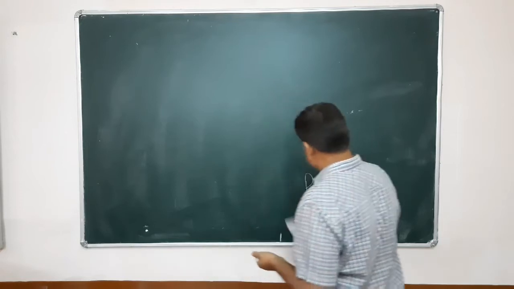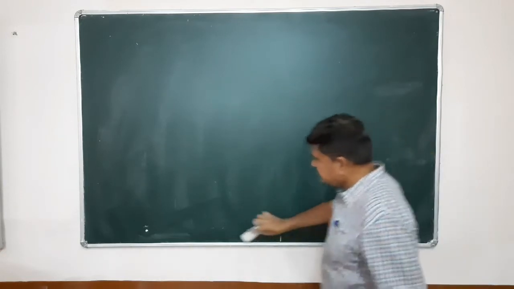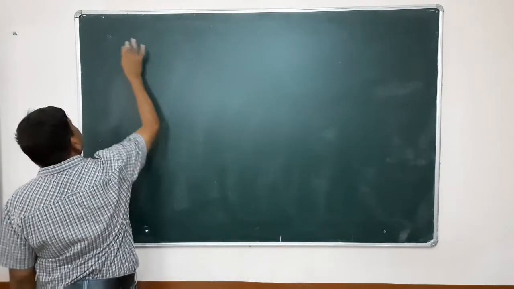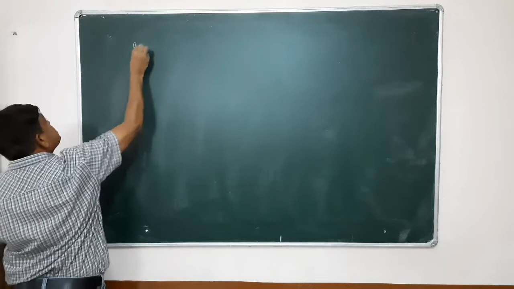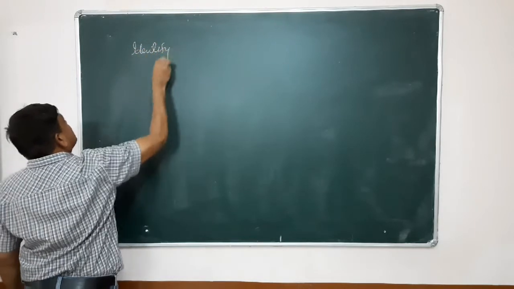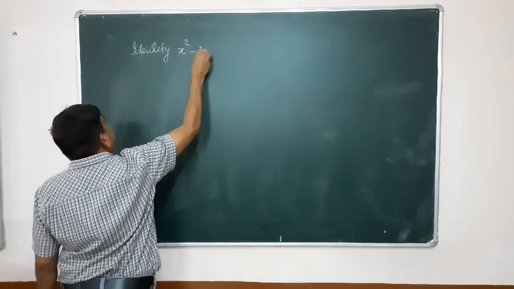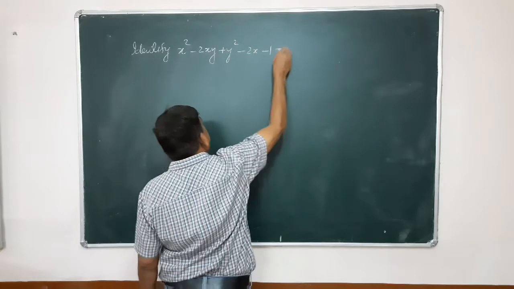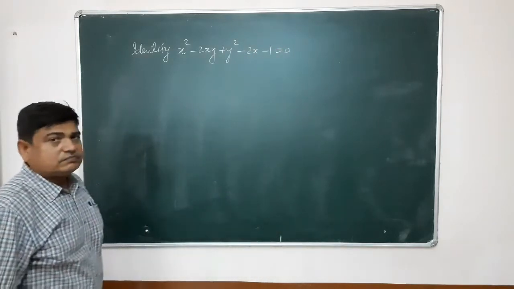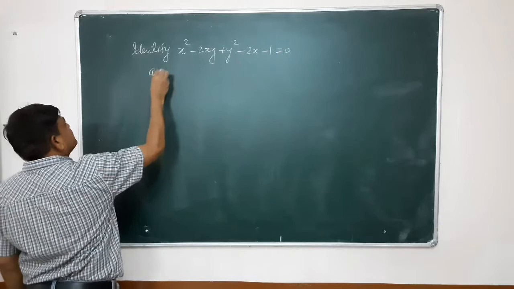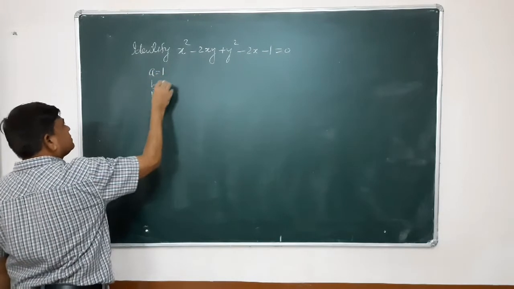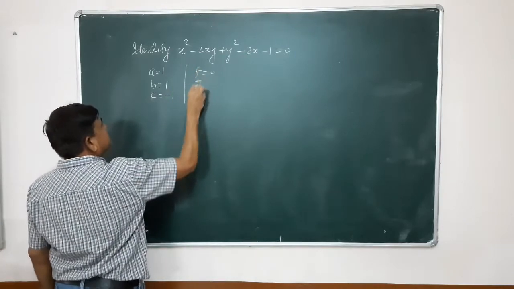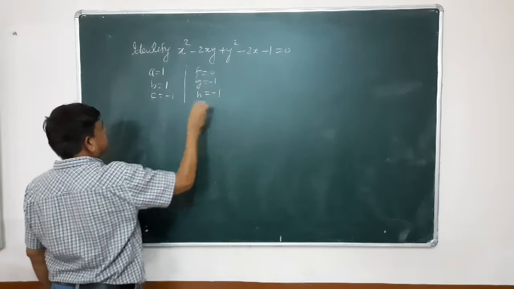Now we come to the general equation. Identify. As usual, what is A? A is 1, B is 1, C is minus 1, F is 0, G is minus 1, H is minus 1.